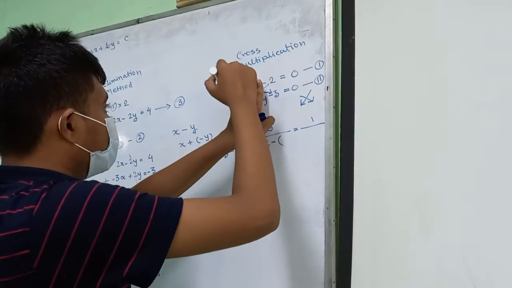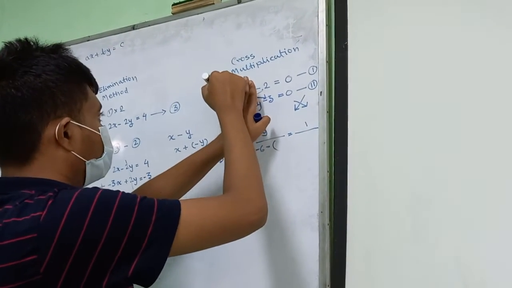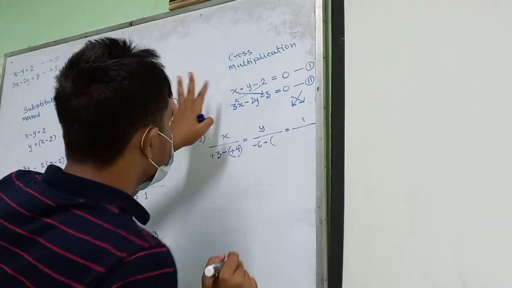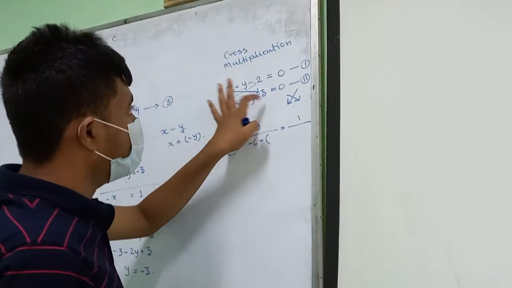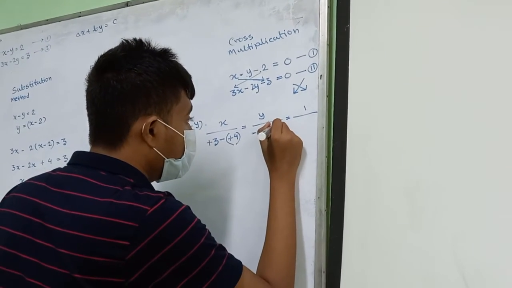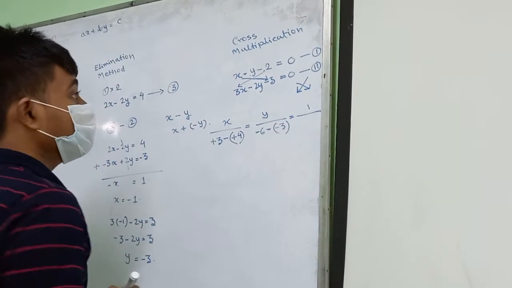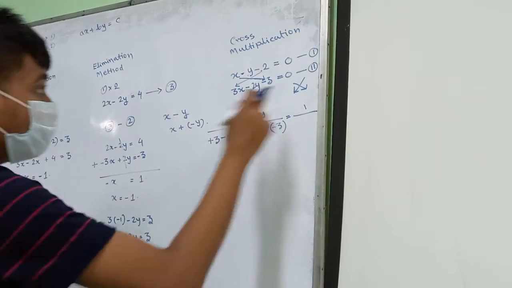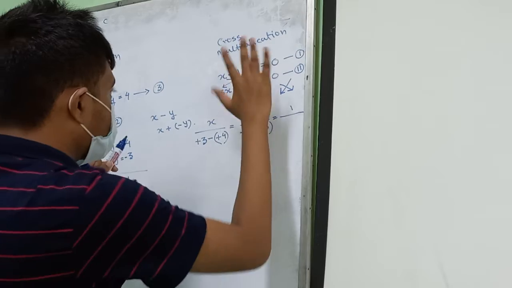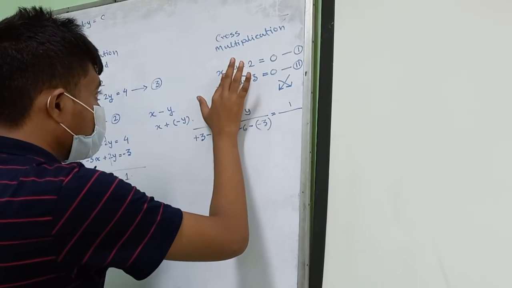Now in this case there is +1 coefficient for x and -3 here. So +1 times -3, what will we get? -3.